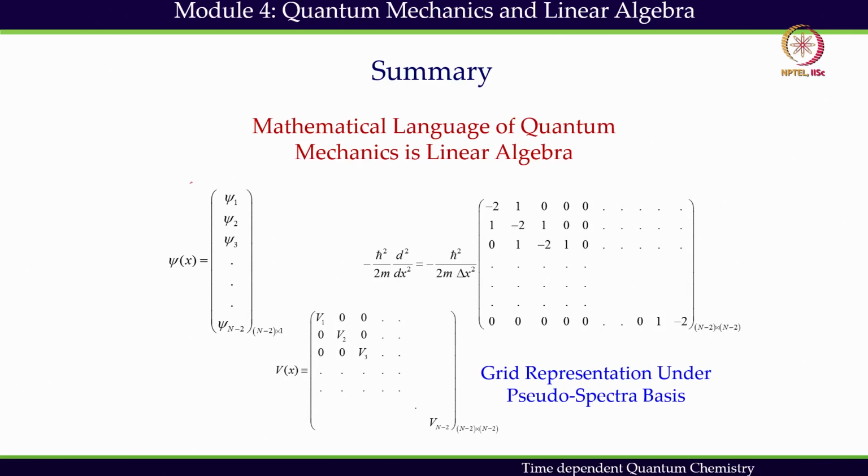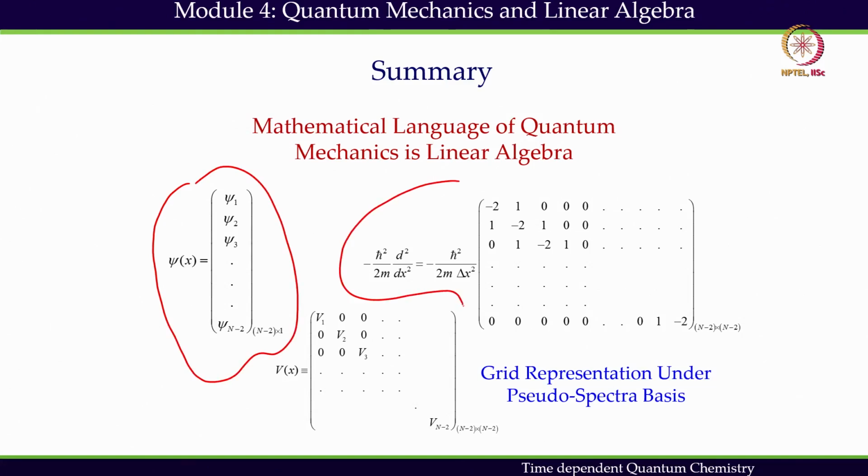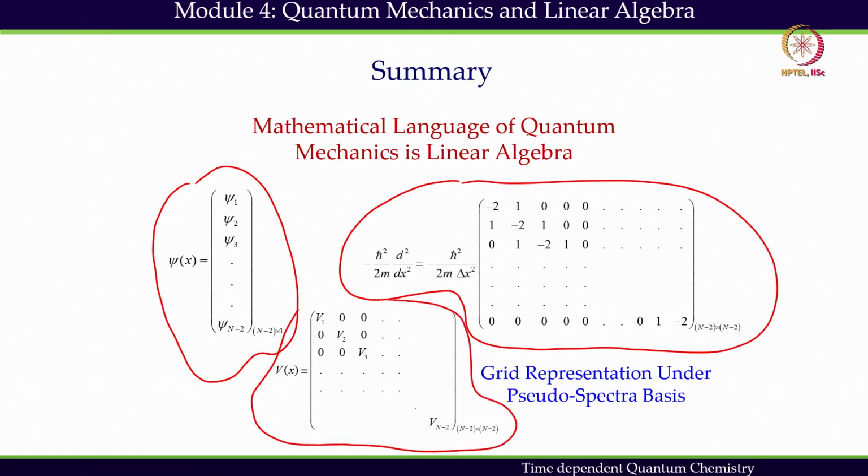So this is the general form of the wave function under grid representation, then this is the general form of the kinetic energy part, and this is the general form of the potential energy part under grid representation.